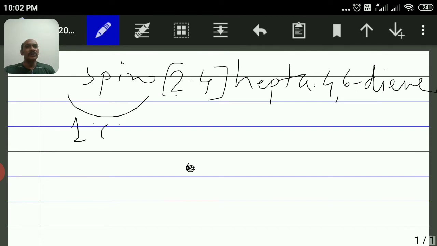Here the values are in ascending order. The smaller ring value you have to write first and then the larger. So to one side you have to mention two carbon atoms as 2 dots, and to the other side you have to mention four carbon atoms as 4 dots.